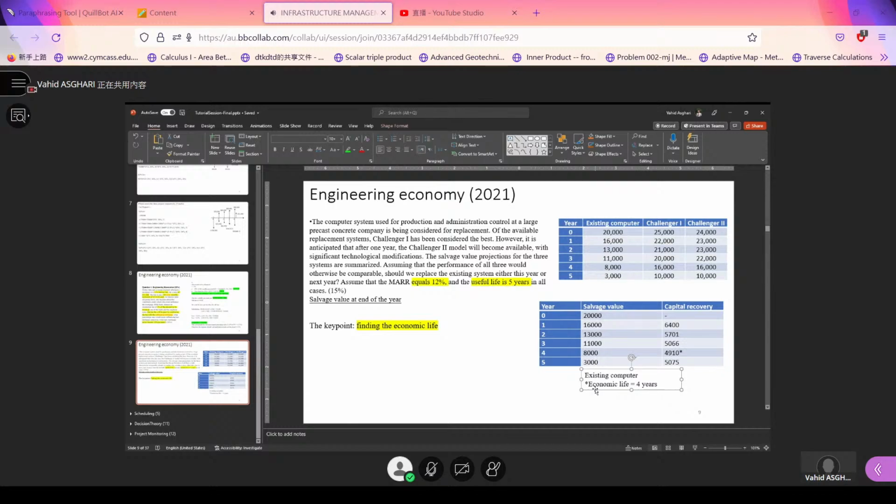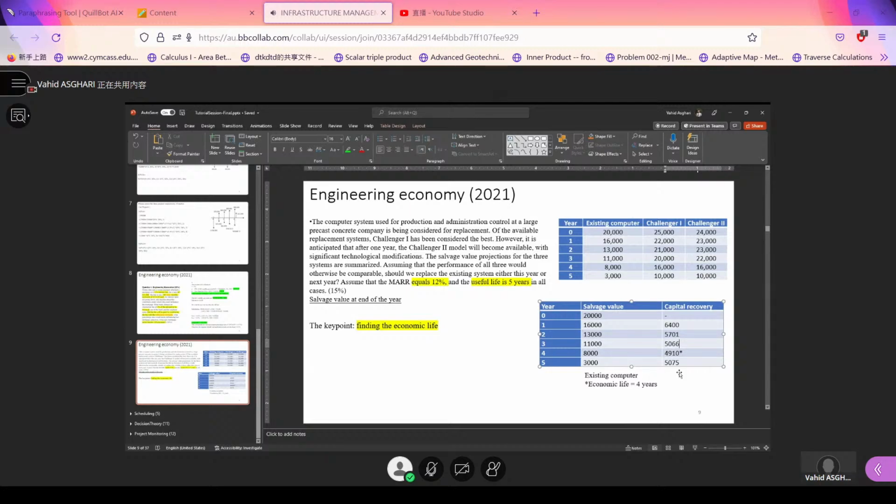So let's say for example one, you have invested $20,000. That's okay, and the salvage value will be like $16,000. Fine. You will find the capital recovery. Again, you do that for year two, you do that for year three, and you find the capital recovery. The equation is already provided in the slides.